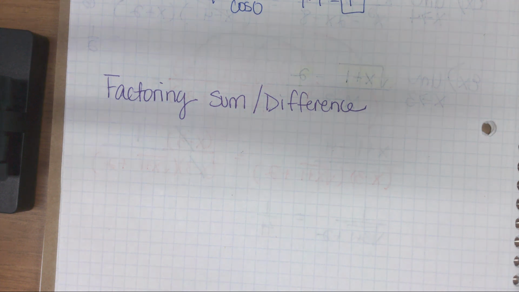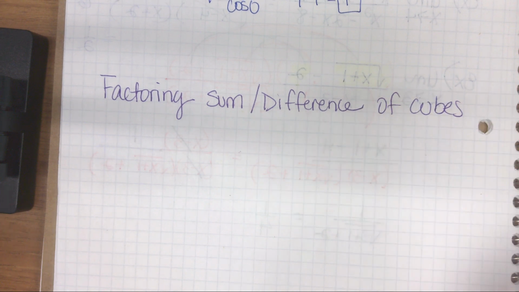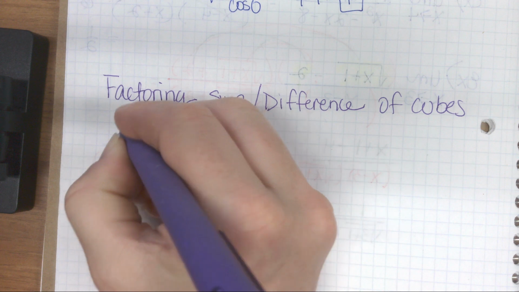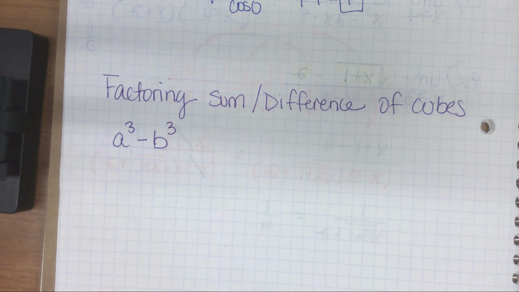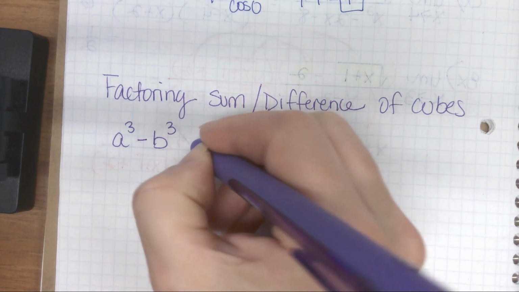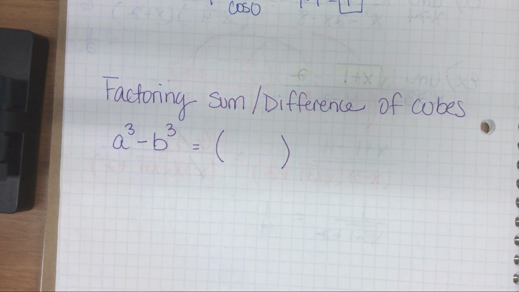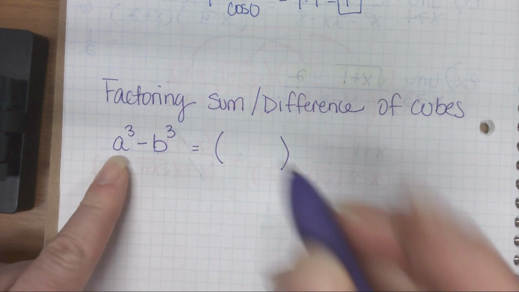To factor a sum or difference of cubes, I'm just going to give the general rule. Let's do a difference first. If you have something that's perfect cubes, a cubed minus b cubed, there's an outside factor, and that outside factor is just, you're going to take the cube root of those things. And so it's just a minus b.